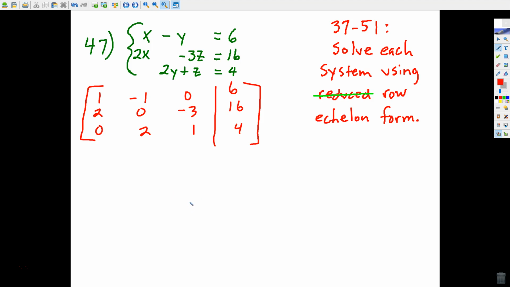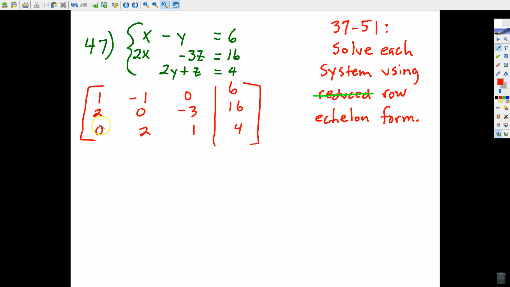What else? Looking at your 3 rules, knowing what we should accomplish. And by the way, your strategy should always look like this. Make zeros here first, and then come over here and do the 1, 0. So you're doing it in this order: take care of this column, and then take care of this column, working across that way.